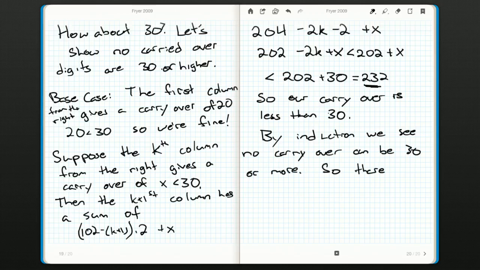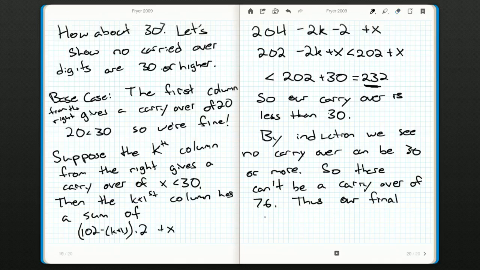So why are we trying to do this? Why are we trying to show there was a limit to the carryover? So that we could show that there could never be a carryover of 76. That seemed way too high. Why did we want to find a carryover of 76?